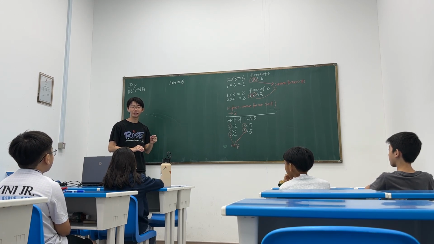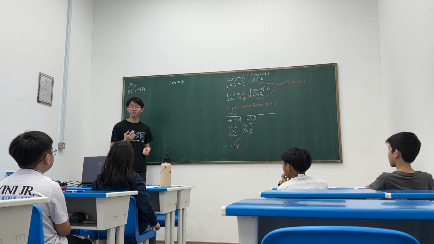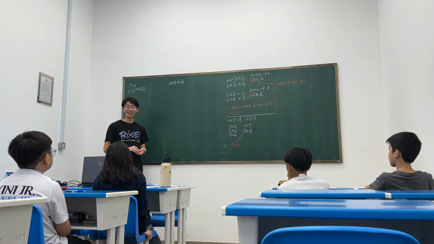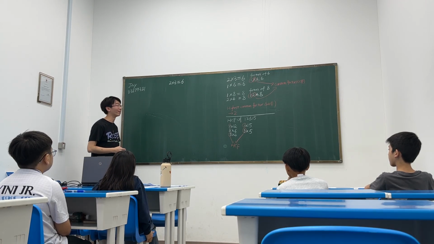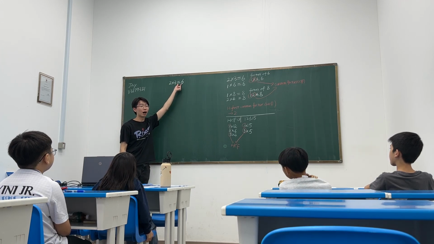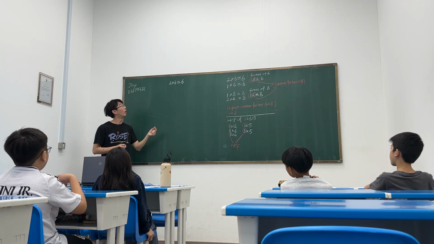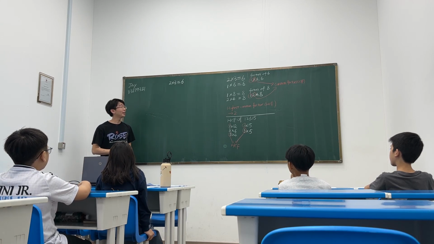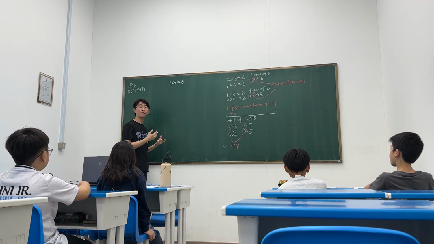So remember, there's a concept of factor and a concept of multiple. So you see, if 2 times a whole number gives us a result, this result is called a multiple of this number 2.